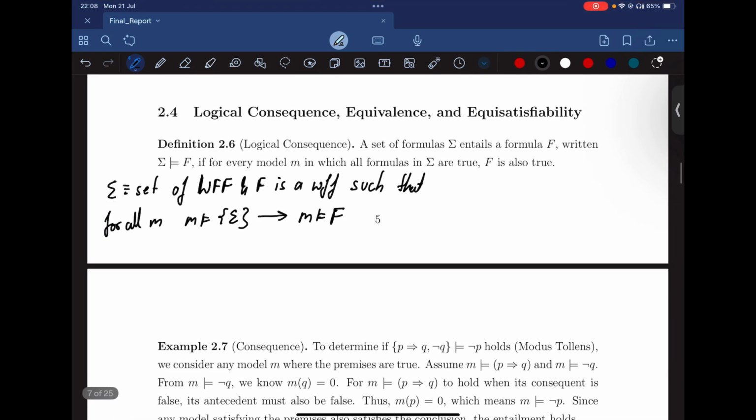Now logical consequence and equivalence. Logical consequence: a set of formulas sigma entails a formula F, meaning F follows from sigma, if for every model M in which all formulas in sigma are true, F is also true.